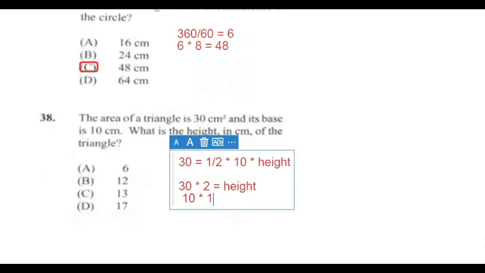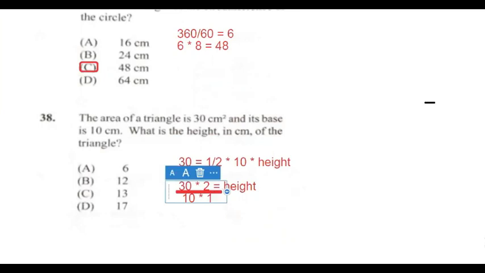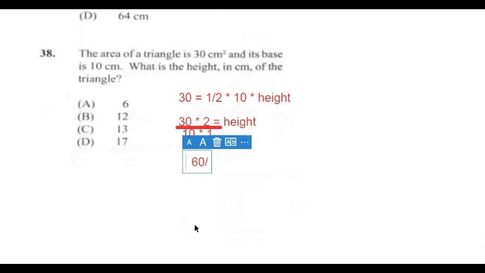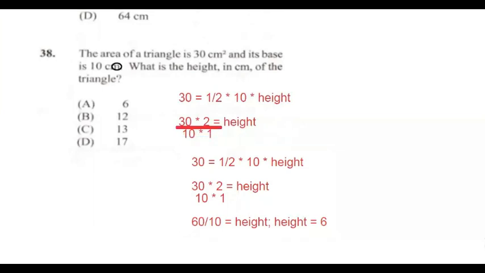So it becomes 30 multiplied by 2, carrying over the half, it flips to 2 over 1, and 10 multiplied by 1, so it is 60 divided by 10, and that is equal to our height. Therefore height is equal to 6. Our answer for 38 is A.